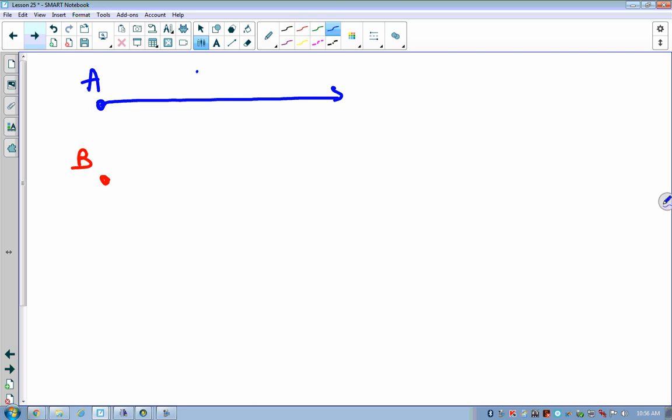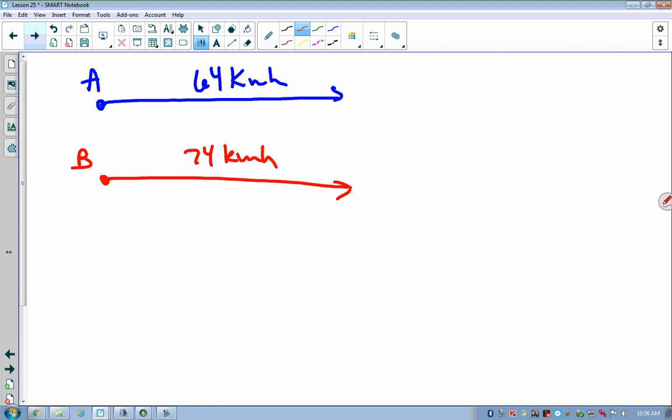Train B is going 74 kilometers per hour, right? The question is, how long will it take train B to catch up to train A?